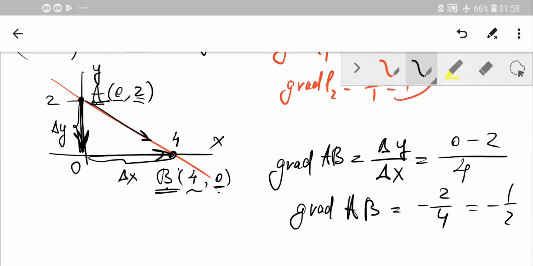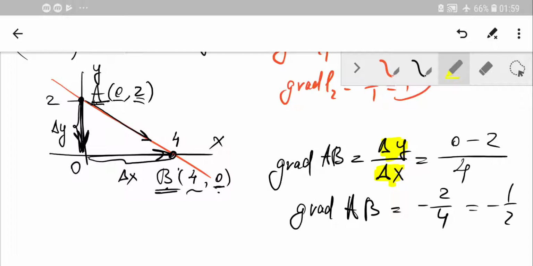So one more time, in order to define the gradient of a segment or line, you need to have 2 points, or at least you need to be able to define the coordinates of points that lie on the line. In this case, you will calculate the gradient as the change in y, that's the top, divided by the change in x, that's the bottom part of your fraction.